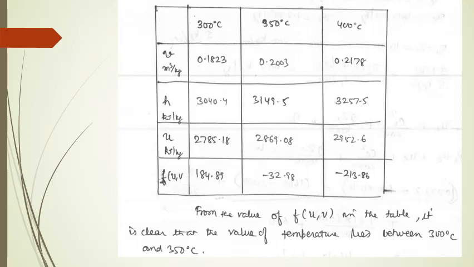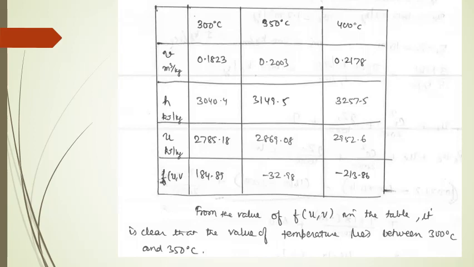So what we have done is, we have tabulated some values for 300 degrees Celsius, 350 degrees Celsius and 400 degrees Celsius, anticipating that our value is going to lie between these temperatures only. So we have written the specific volume, specific enthalpy, and specific internal energy for all these temperatures, and we put these values.